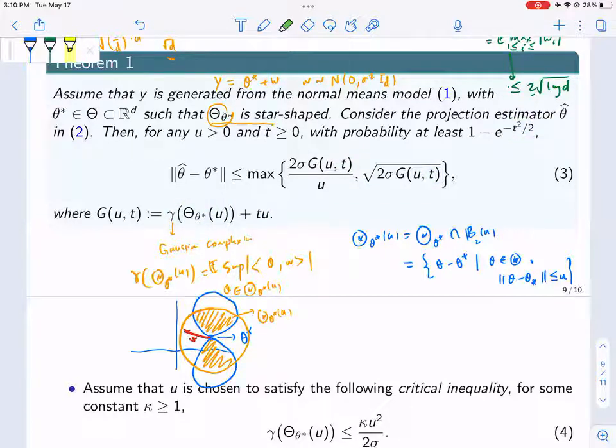So what do we mean by a star shape? Anyone knows what star shape means? Yeah, go ahead.